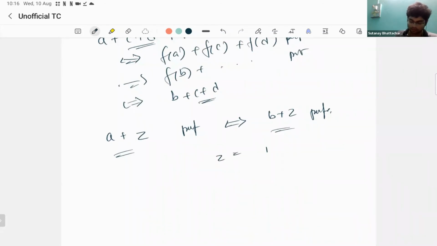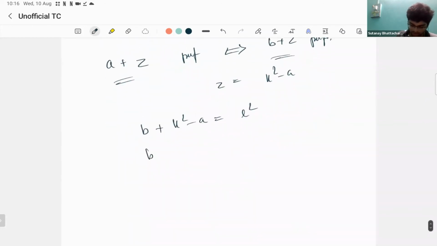Suppose we take z to be k squared minus a. So b plus k squared minus a has to be a perfect square, say L squared. So b minus a has to be L squared minus k squared, and again the same sort of argument holds. Does anyone see why this immediately gets to the contradiction?